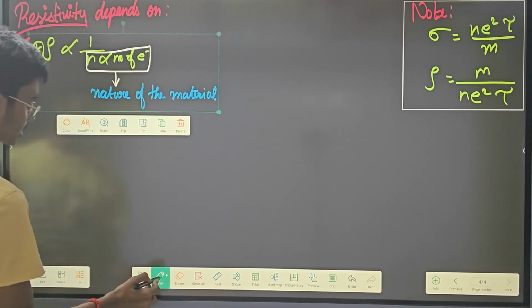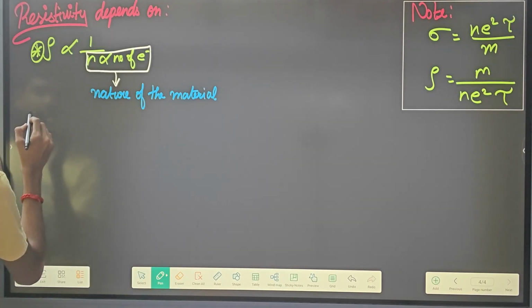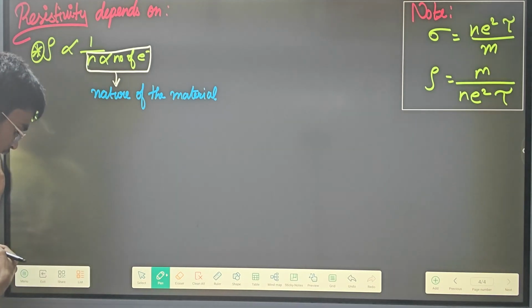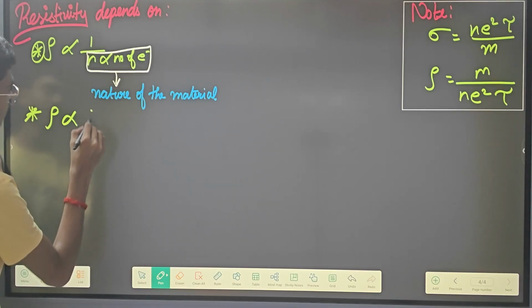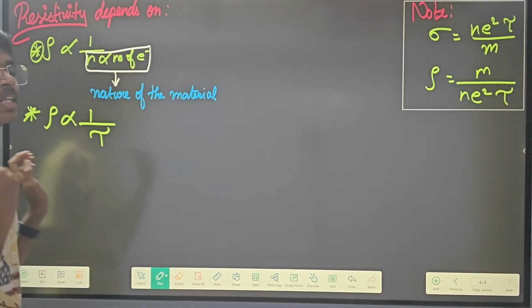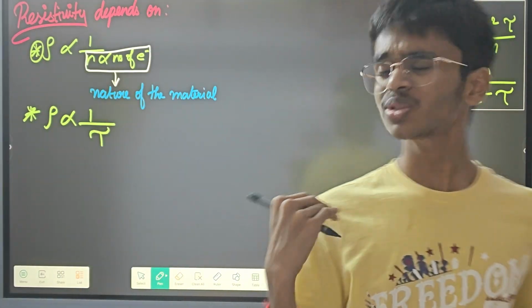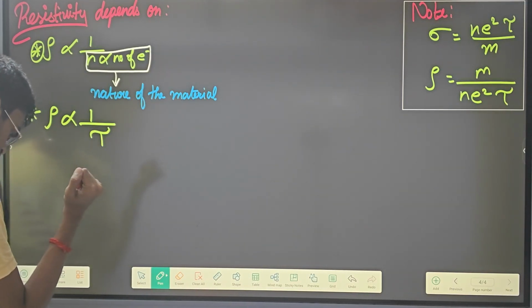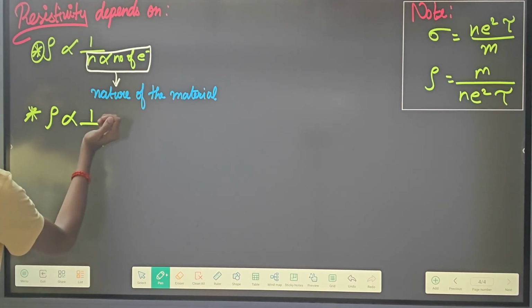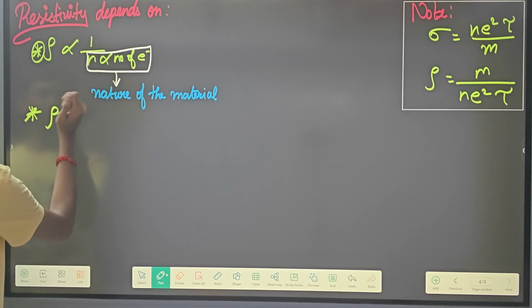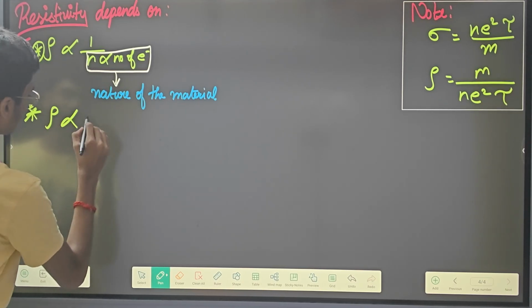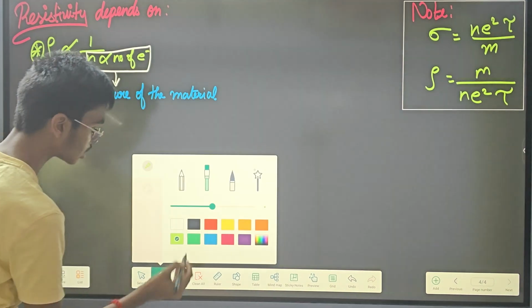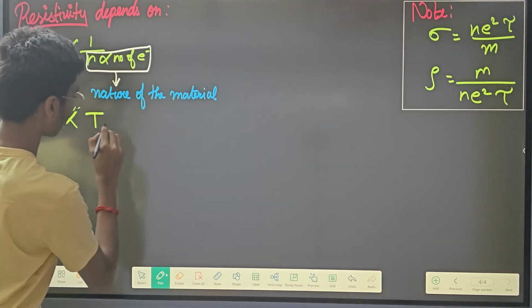So this is the first point. Then what about the second point? Very important: resistivity is directly proportional to temperature, for conductors.